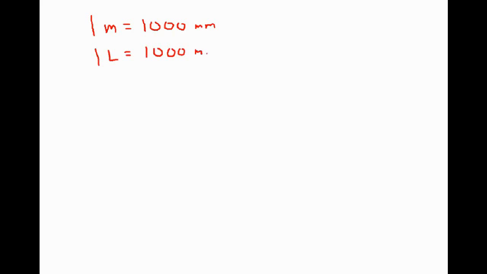And a kiloliter we can think of like a kilometer. In 1 kilometer there are 1,000 meters. Well, in 1 kiloliter there are 1,000 liters. So these units work very much the same as linear units.